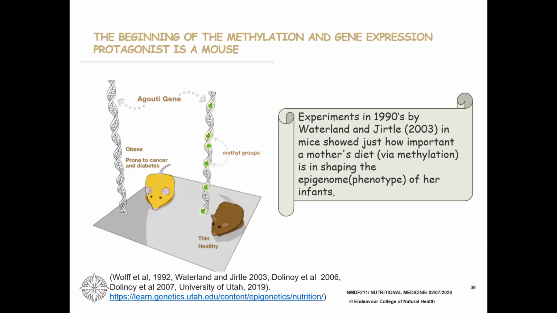So what the researchers did was feed the mother, who was yellow and big, with folate, choline and B12. And what they noted was that the babies that were born were thin.